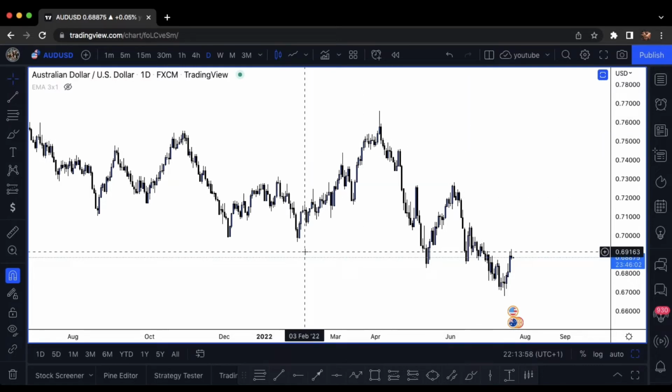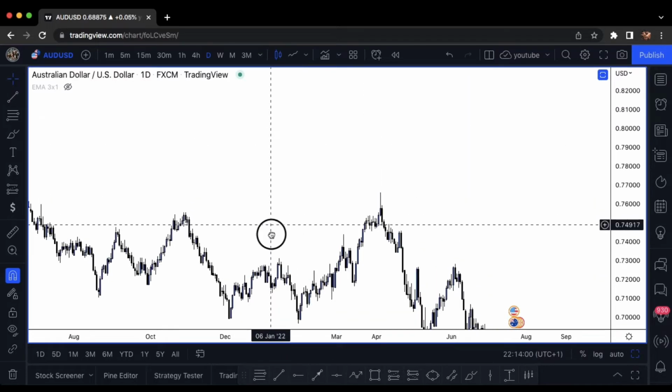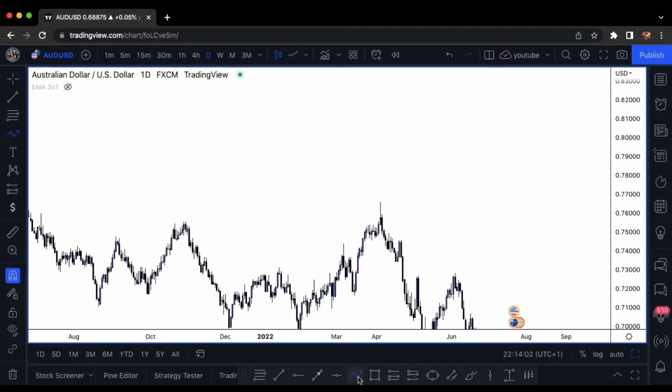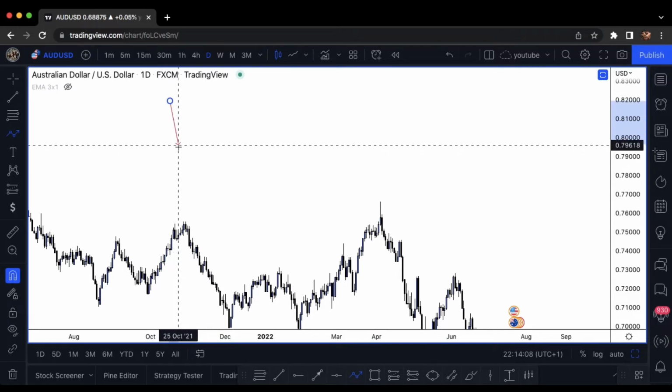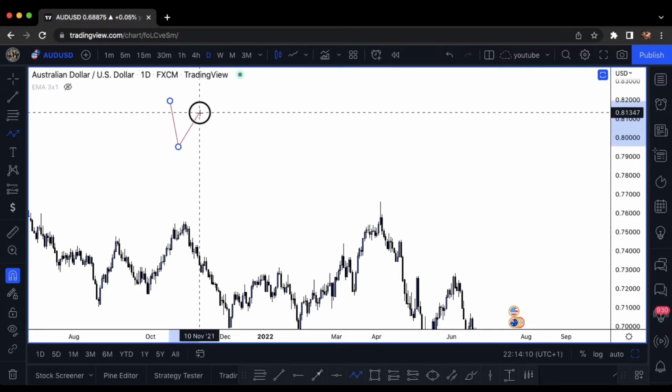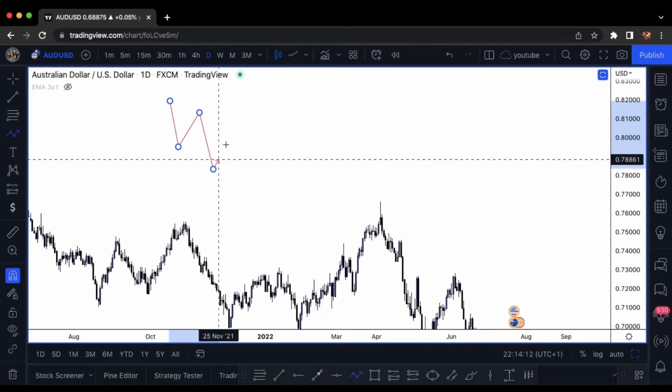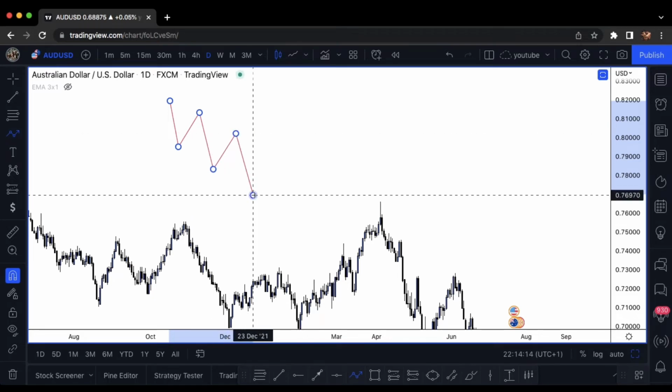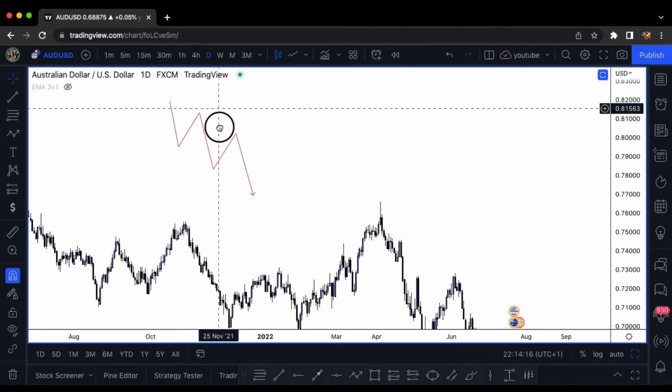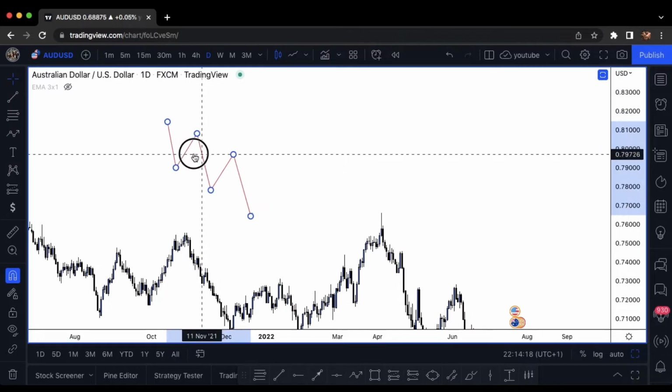So market structure is basically like this. Let me draw it out for you guys. For a downtrend market structure, it usually starts from a high, a low, a lower high, and then a lower low, and then a lower high, and then a lower low. That is considered downtrend market structure, right?